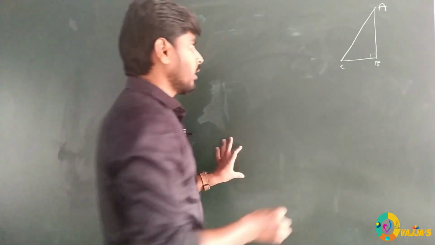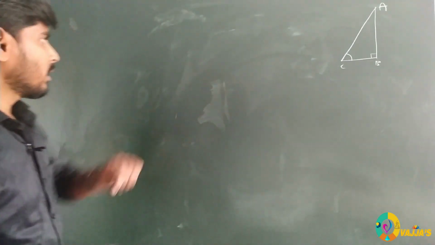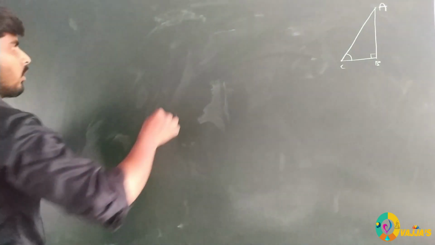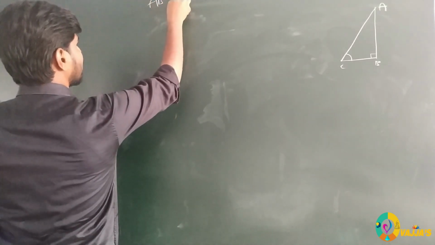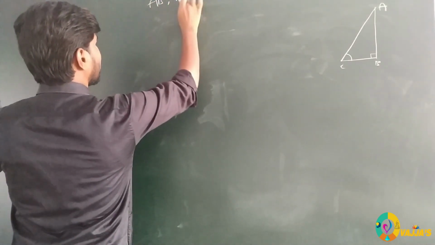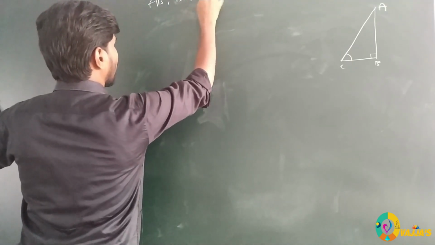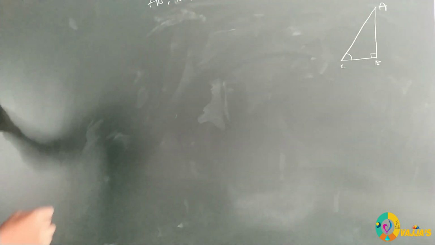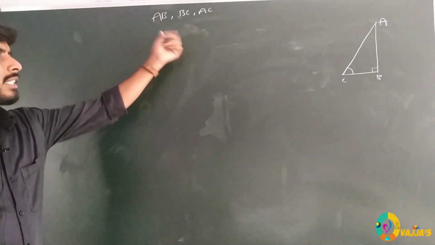So I am taking angle C. My angle is C. So we are making a relation between sides AB, BC, AC, or we can write CA also. I am making a relation between angle C and these sides.